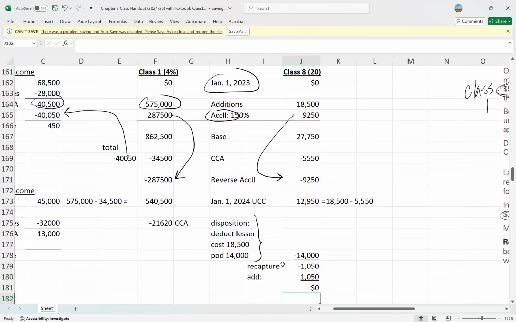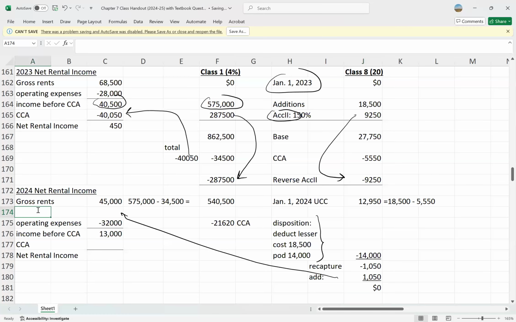This amount that we add to income will go into our rental income because it relates to our rental income. So the recapture then, we're going to add, and if you notice, this subtotal here will now increase. It was 13,000, but because we're adding recapture of 1,050, our income before CCA will now go to $14,050.